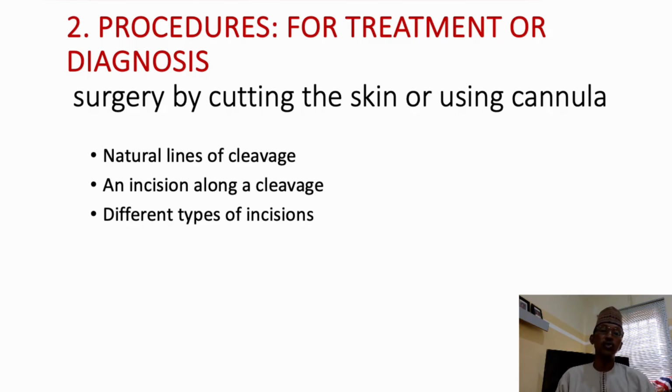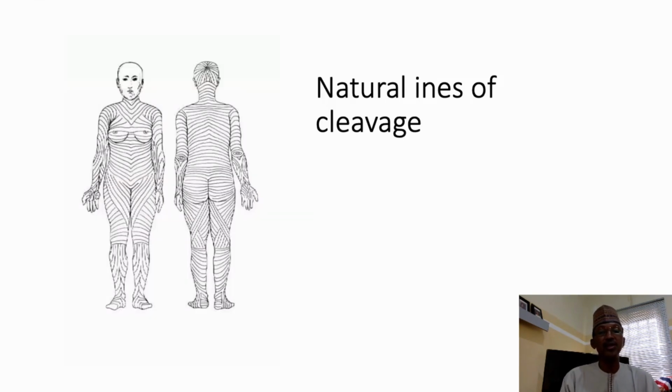If you want to make a surgery, there are what we call natural lines of cleavage. These natural lines of cleavage are naturally there along the skin of an individual. If as a surgeon you want to make an incision, you have to follow the orientation of the lines of cleavage, what you call Langer's lines.